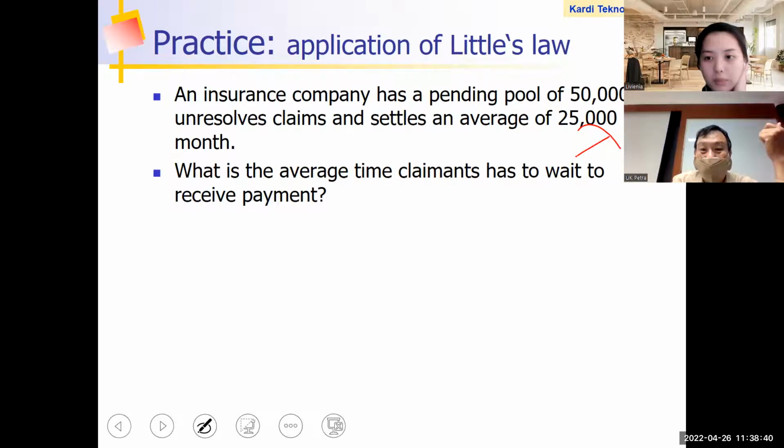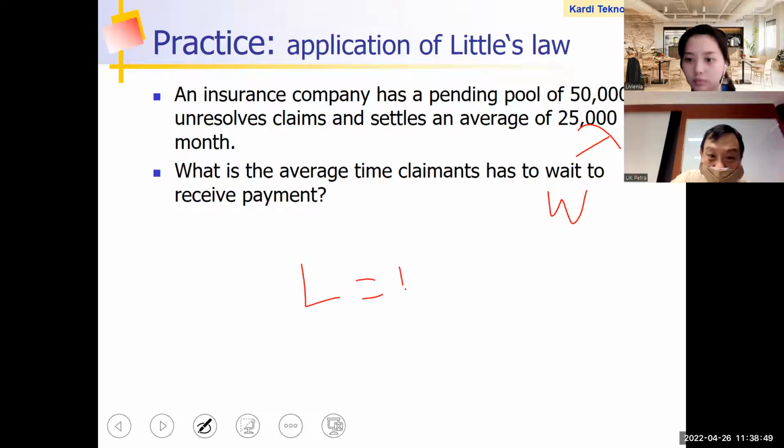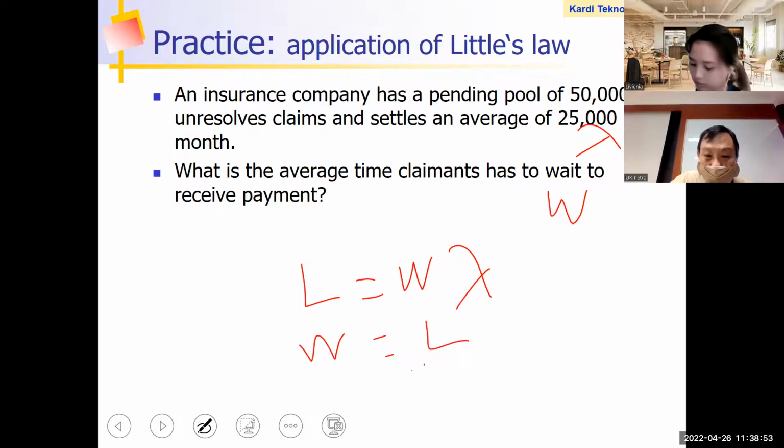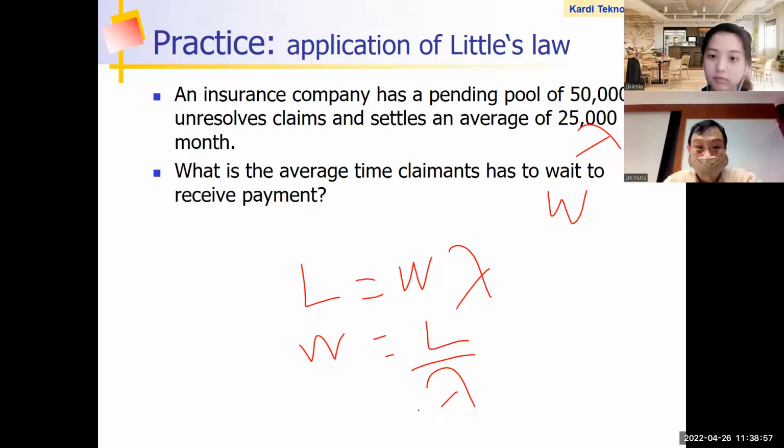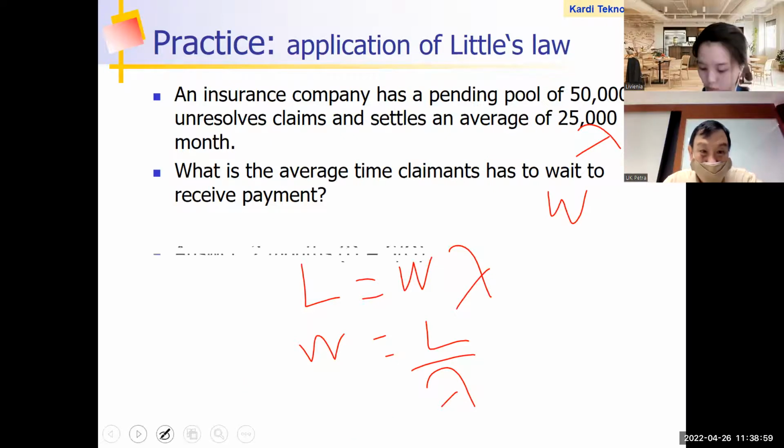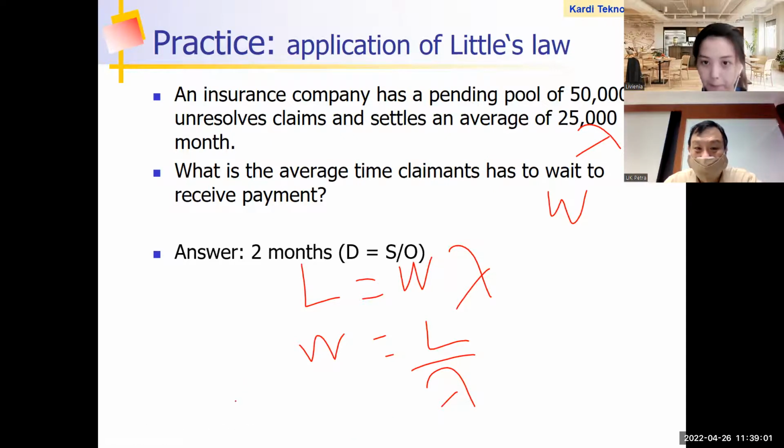What do you want to get? W. Can you calculate? L equals W times lambda, so W equals L over lambda. So it's just 2 months.